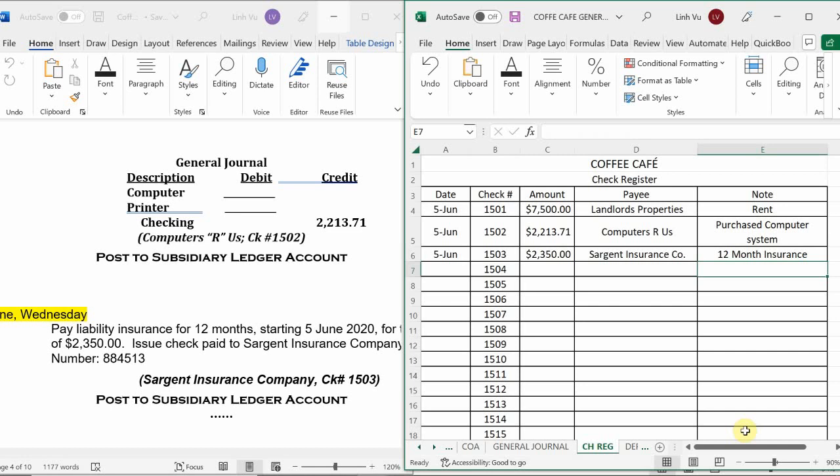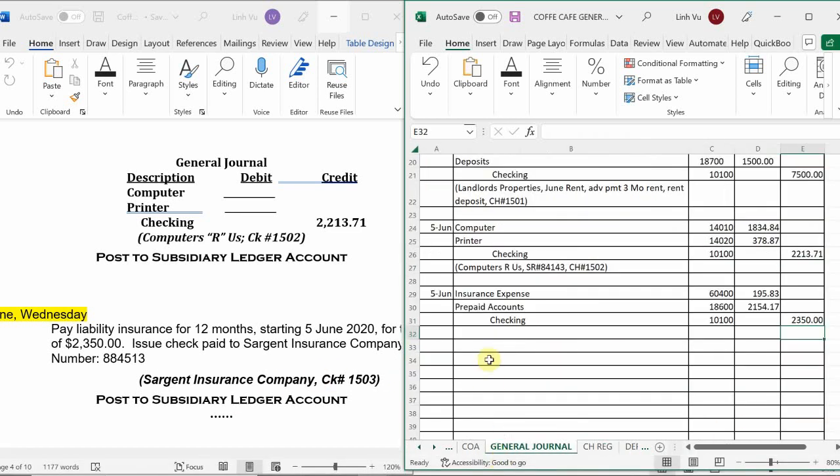So in this case, we got here check number 1503, as proof that we made a payment to Sargent Insurance. So we have all the information that we need to finish our description here, right? Because here, what vendor did we involve with? We involved with Sargent Insurance Company.